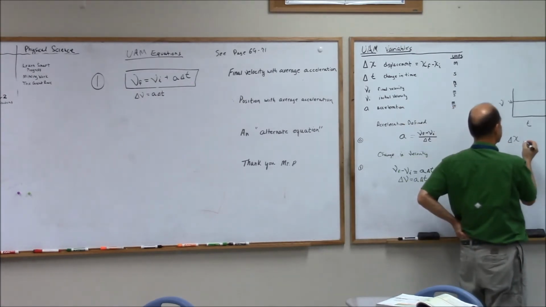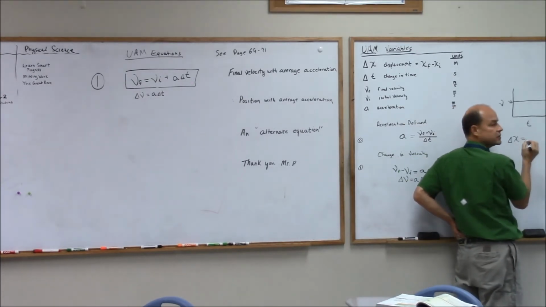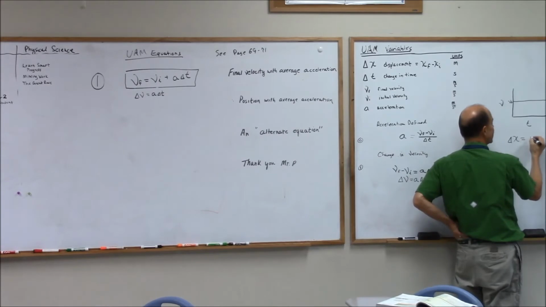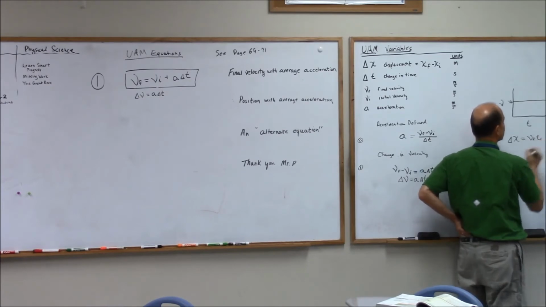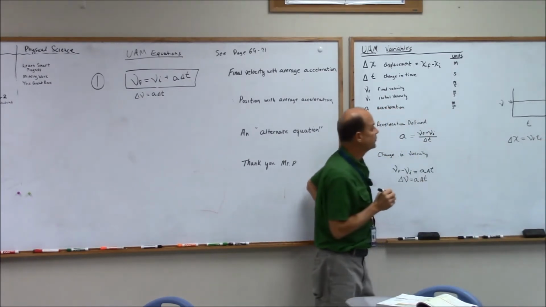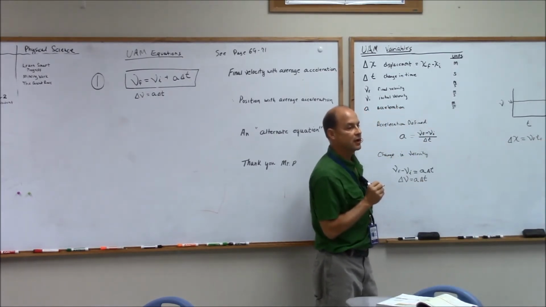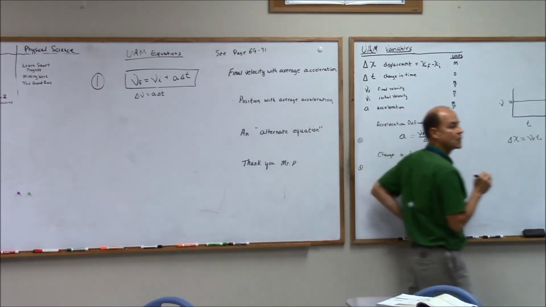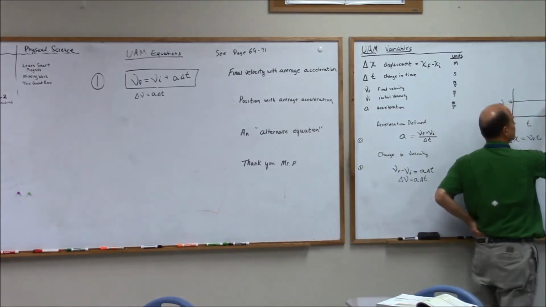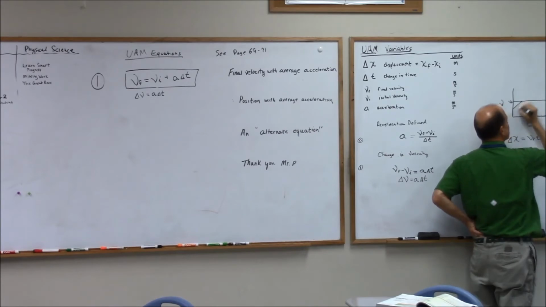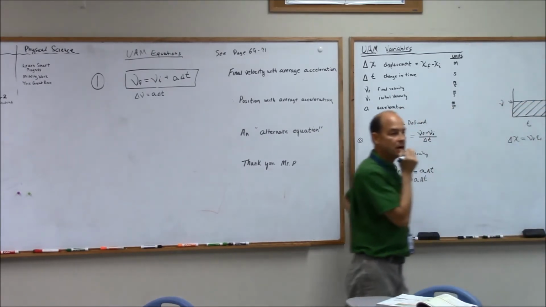And Hussein is nodding his head. We said, yes, all we have to do is multiply the speed times the time. All we have to do is find the area of the rectangle.